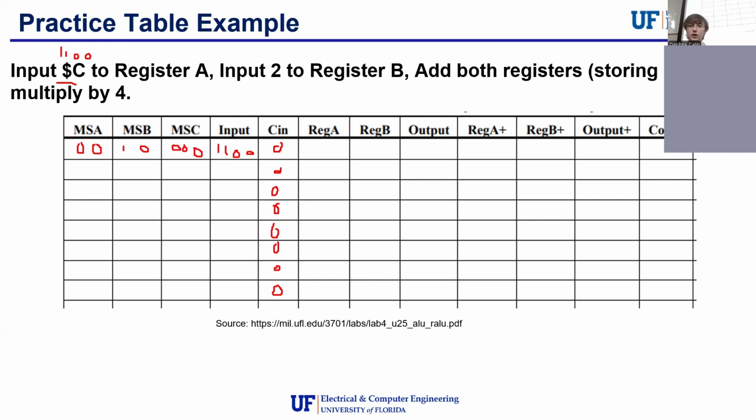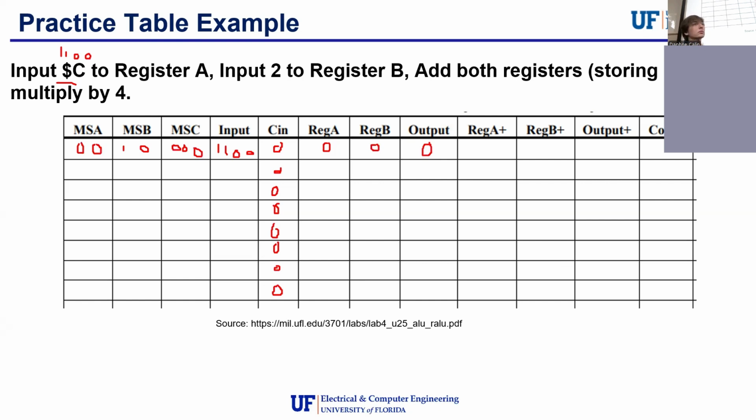Currently, whenever we start the program, register A and register B are at 0 because they just initialize to 0. Or you could also represent these as don't care, just because you have the chance of having garbage. And then output will also be 0 because the input starts at 0.